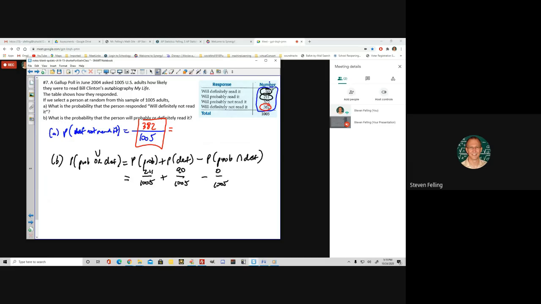But if you're looking at the sample space, you can freely add up individual things in the sample space because none of those overlap, right? So this would be a total of 301 out of the 1005 cases. All right.